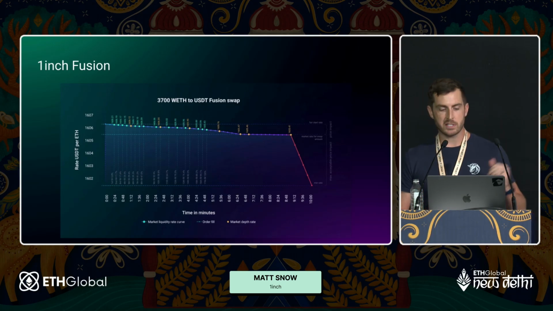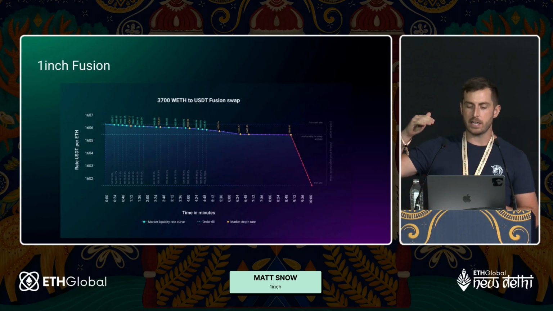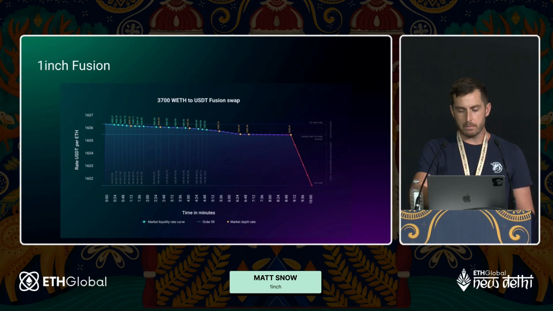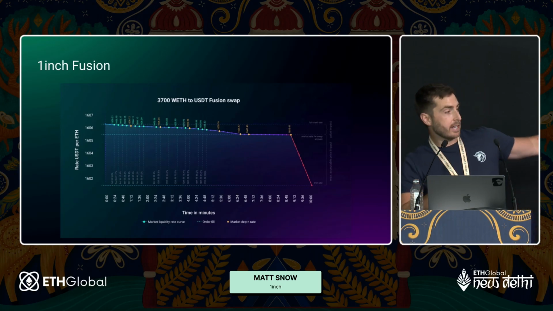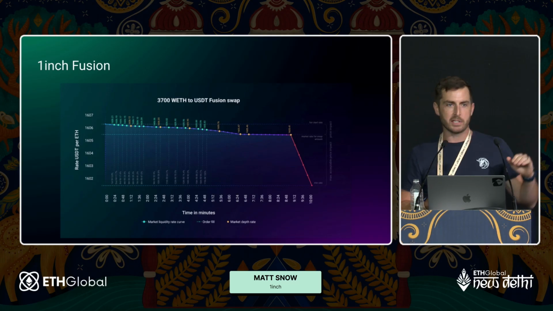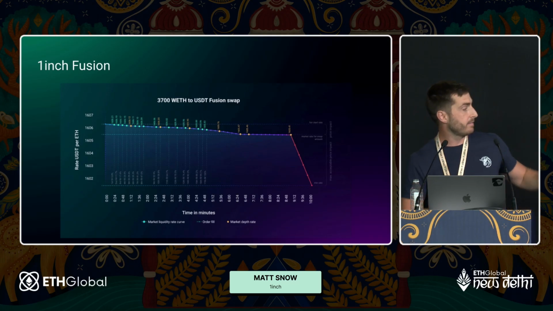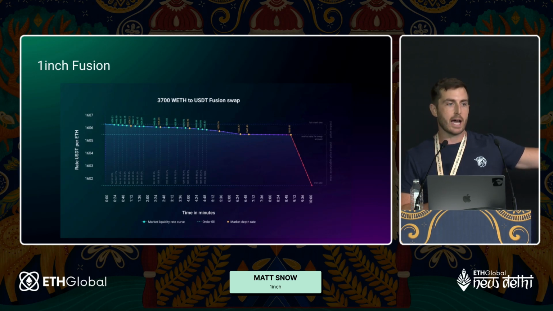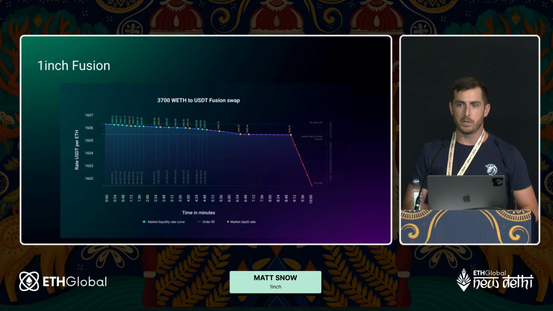It's a little bit difficult to see on the screen, but there is a dotted line at the top, which represents the spot price. And there's a dotted line at the bottom, kind of where the red line starts to drop dramatically, and that represents the market price. Then at the very bottom, where the steep red line ends, is the absolute min return, which is based on the user slippage tolerance.